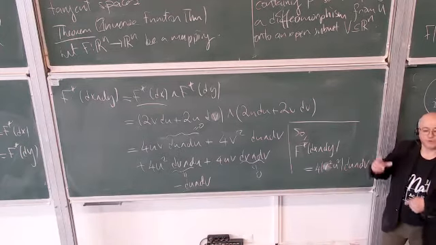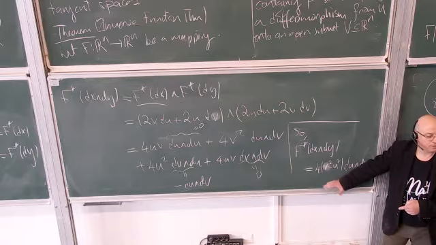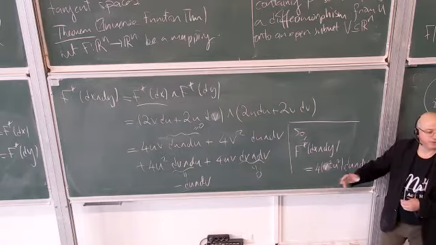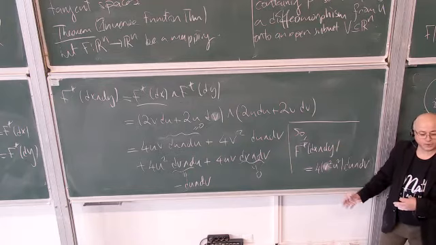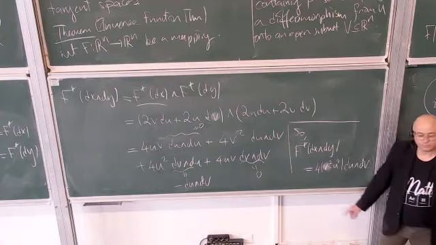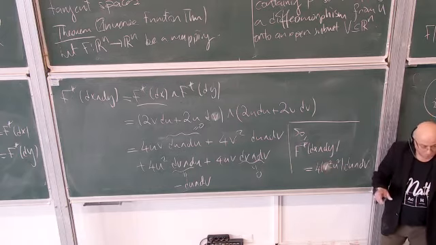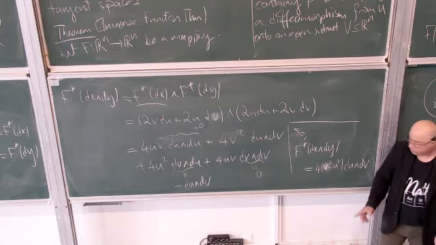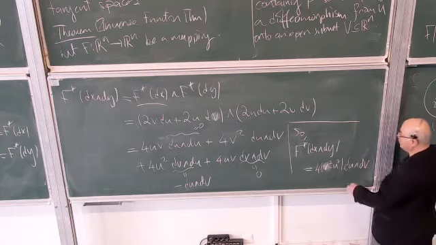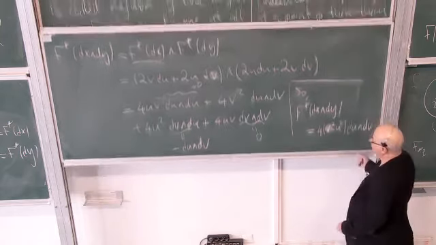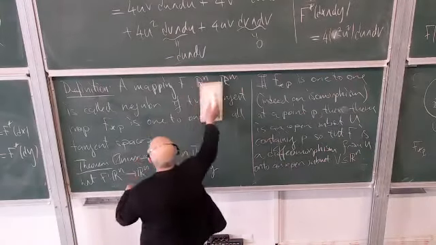So if you work with forms, the Jacobian comes for free, because you already take derivatives when you are computing pullbacks, and then when you take the wedge product, that is the determinant. Wedge product is basically determinant. Therefore, you get the Jacobian. This is nothing but the Jacobian, actually. So let's compute the Jacobian you remember from advanced calculus.